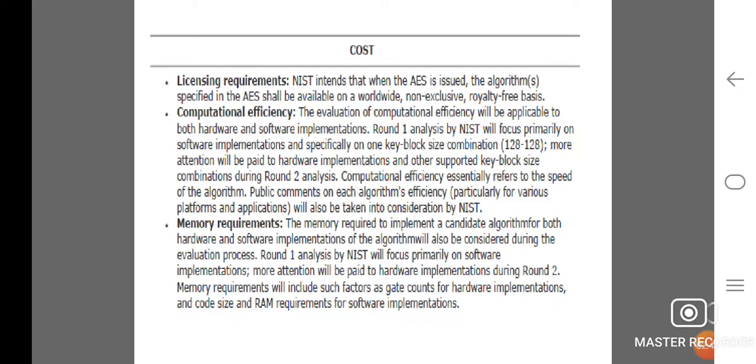Round 1 analysis by NIST will focus primarily on software implementations, and specific attention will be paid to hardware implementations during Round 2. Memory requirements will include such factors as gate counts for hardware implementations, and code size and RAM requirements for software implementations.